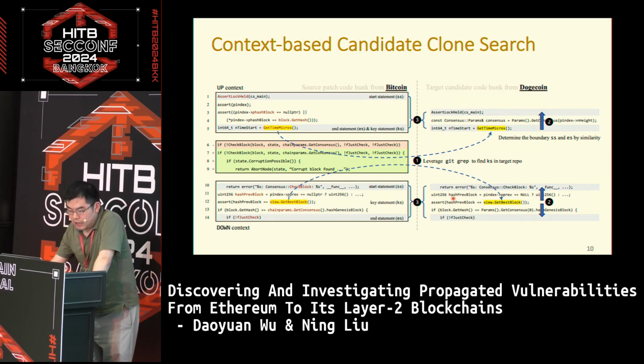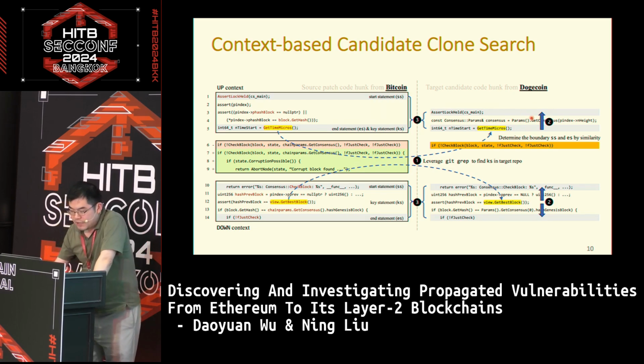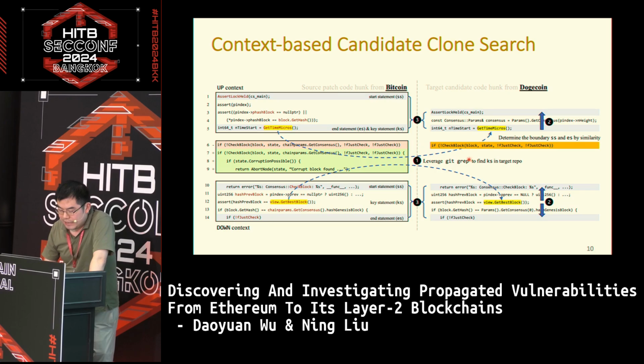Here you can easily notice the down context is very similar, and here it is also very similar because we have already excluded the irrelevant code statements. And after that, because this code context is similar, we can simply use the middle part.